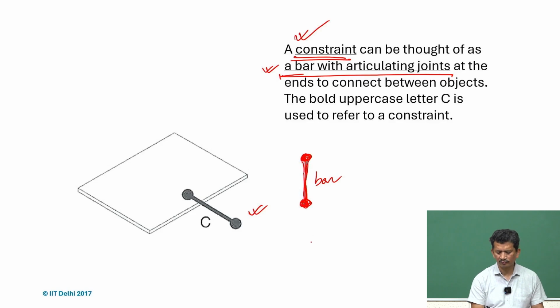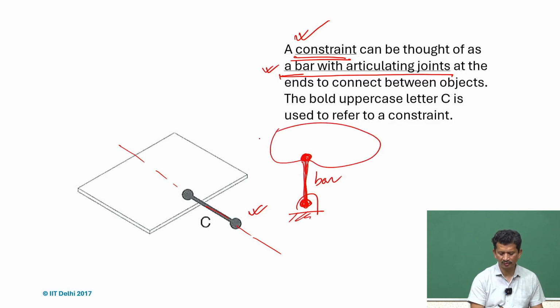So, this can be defined as a constraint and the constraint line is along the length, because we can always fix it and we can have another object with a spherical joint. So, it is a spherical joint in 3D.